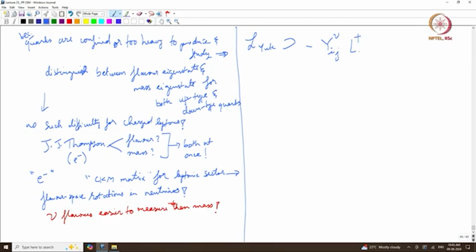So I have this, and once again I have to make use of the H tilde here. Remember what H tilde was? i sigma 2 H star. And this is one way to give mass to the neutrinos. See what I have done? I have introduced a right handed neutrino.